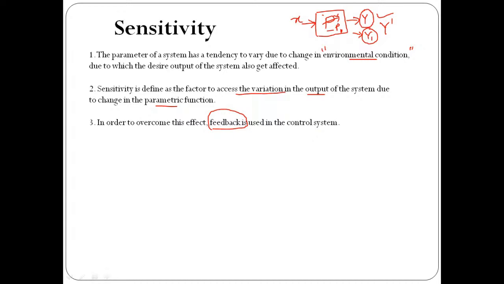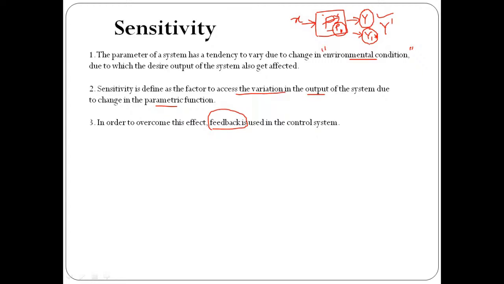But due to change in the parameter of the system, even if we apply the same input, the system is not going to generate the same output. Instead of generating y, it is going to generate y1. So this factor is called sensitivity. That means by what amount the output of the system is going to change. That is called sensitivity.